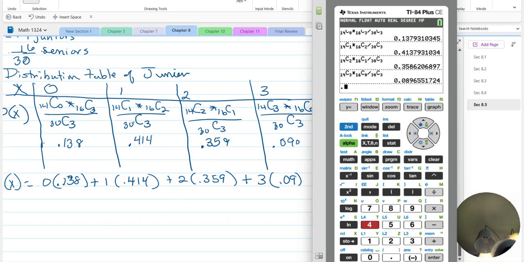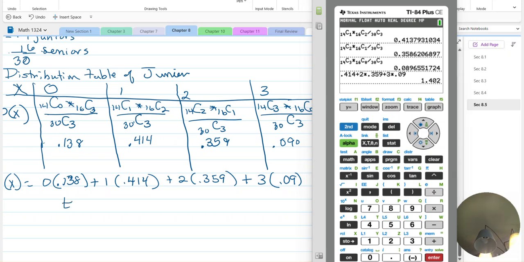So it's 0.414 plus 2 times 0.359 plus 3 times the 0.09. Okay, so let me look if I entered everything correctly on the screen. 0.414, 2 times 0.359, and 3 times 0.09. Good deal. And hit enter, and I have 1.402, and that's approximately 1.40.